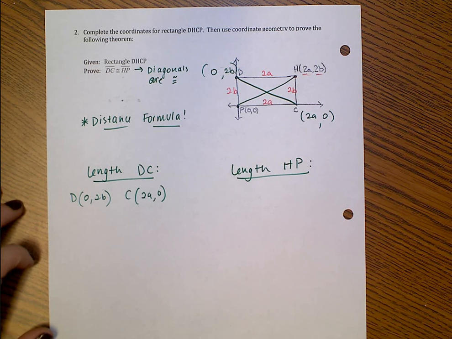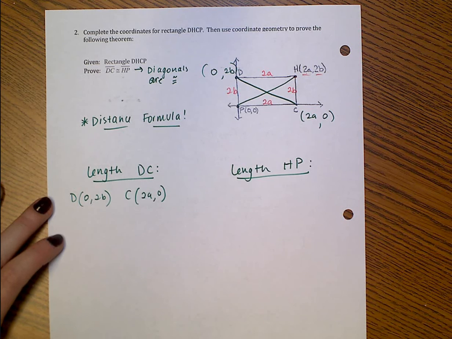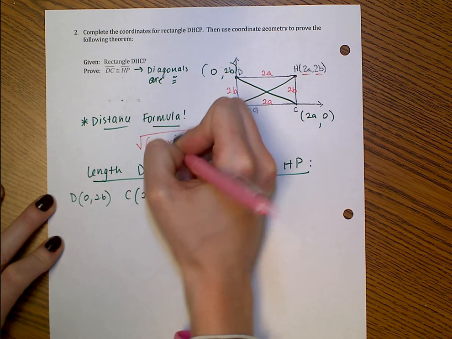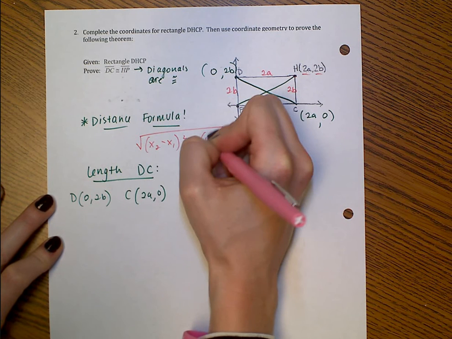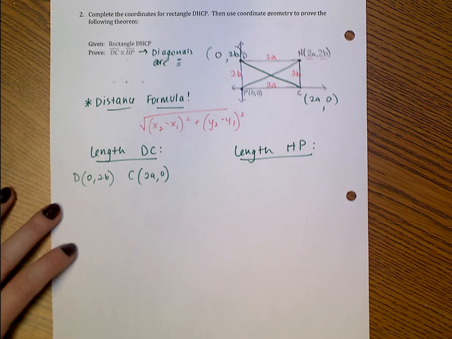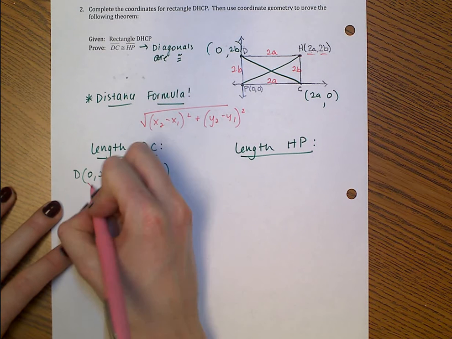Okay, if you forget the distance formula, let's fill that in: the square root of x2 minus x1 squared plus y2 minus y1 squared. So let's label x1, y1, x2, y2.